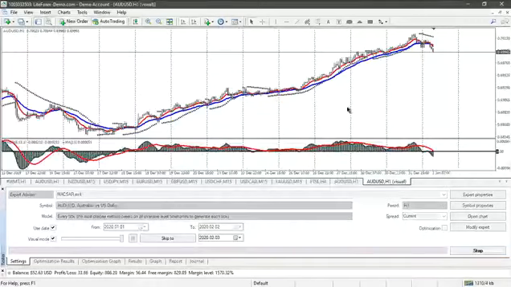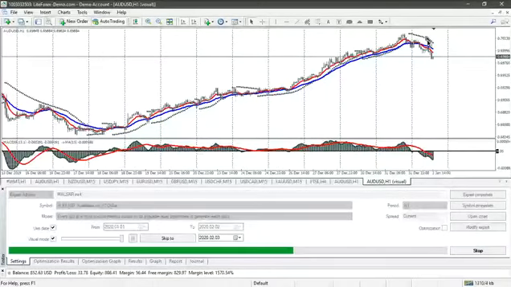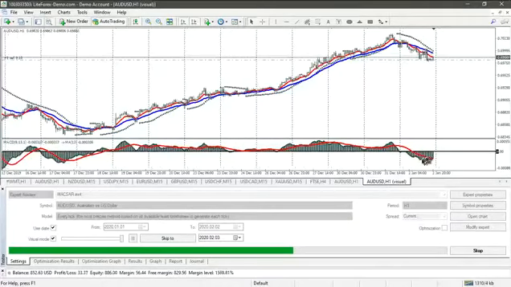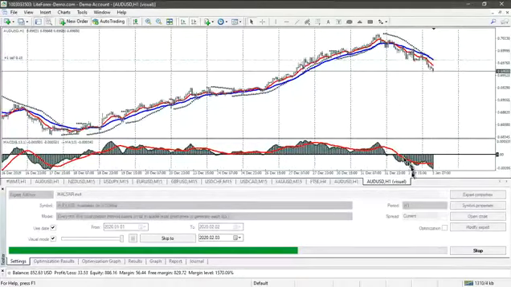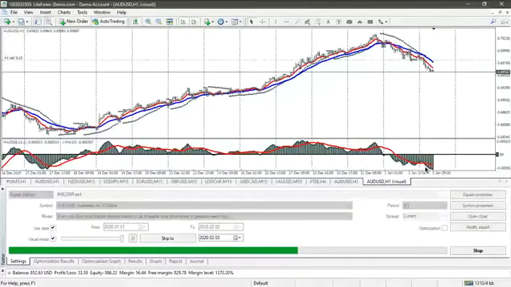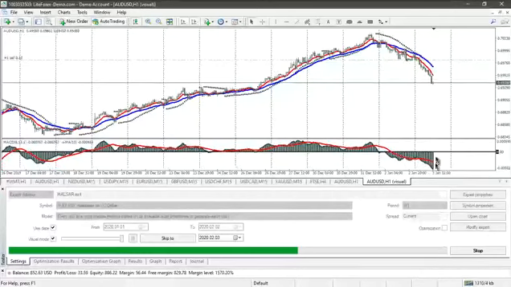We have price above, and then price begins to move down below, followed by the MACD, and then there is a cross there, and we immediately open a sell position. Now when do we exit? We exit when there is another cross here.